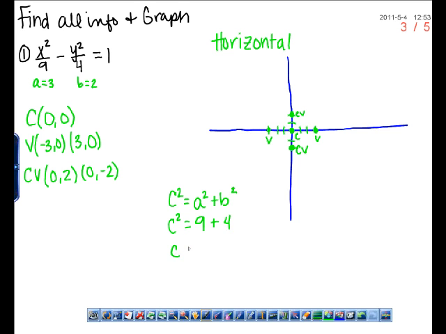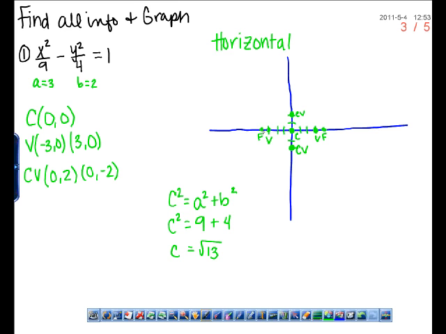So C equals square root of 13, which is between what two values? 3 and 4. So on my grid, I'm going to count out a little bit more than 3. I'm going to plot my foci, count out a little more than 3, and plot my foci. Does that make sense? Does that placement make sense? Good. Why? Based on your formula charts. It's outside of the vertices.